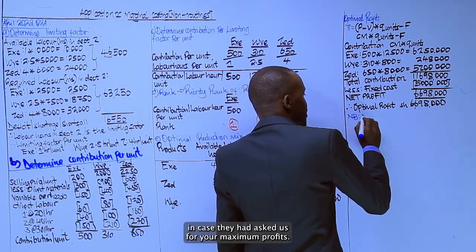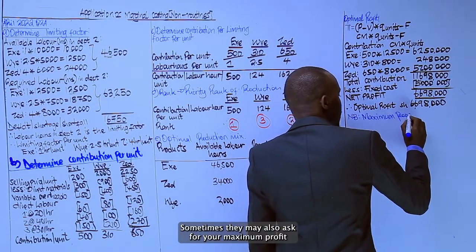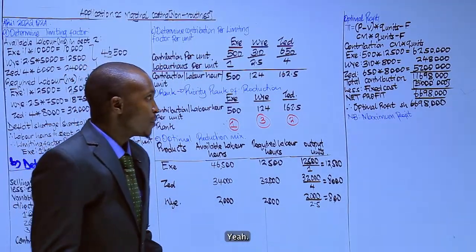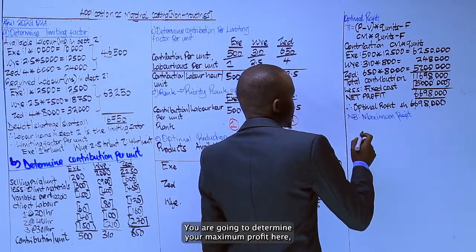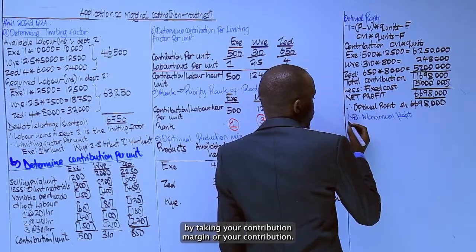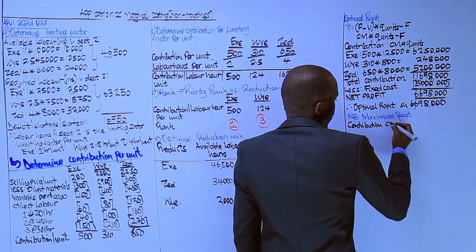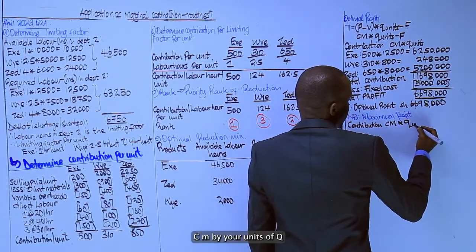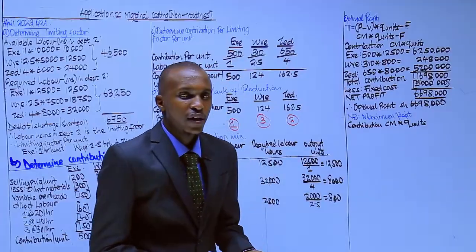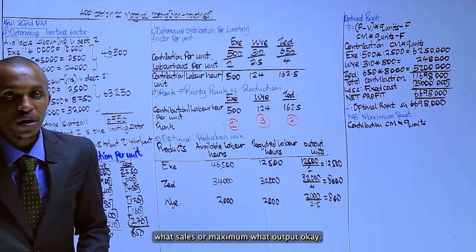In case they had asked us for your maximum profit, sometimes they may also ask for your maximum profit, you're going to determine your maximum profit by taking your contribution margin, CM, by your units of Q. But now these units Q are the units that correspond to maximum sales or maximum output.